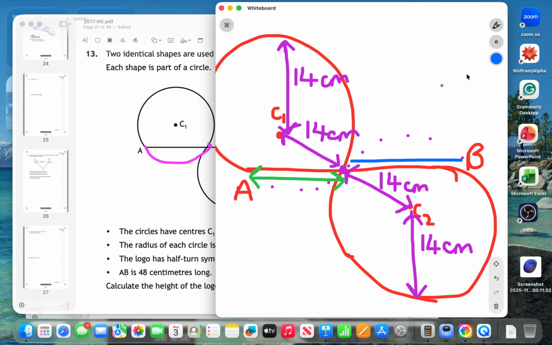So the green distance has to be equal to the blue distance, and each of them is going to be half of 48. So this distance would be 24, and so is the green one.